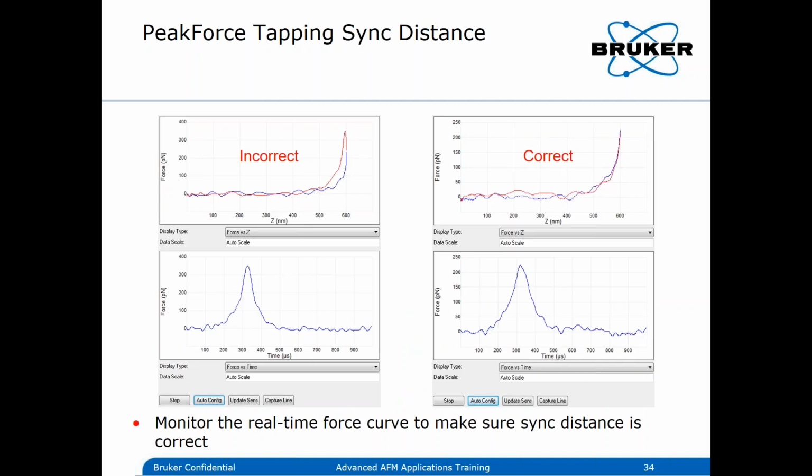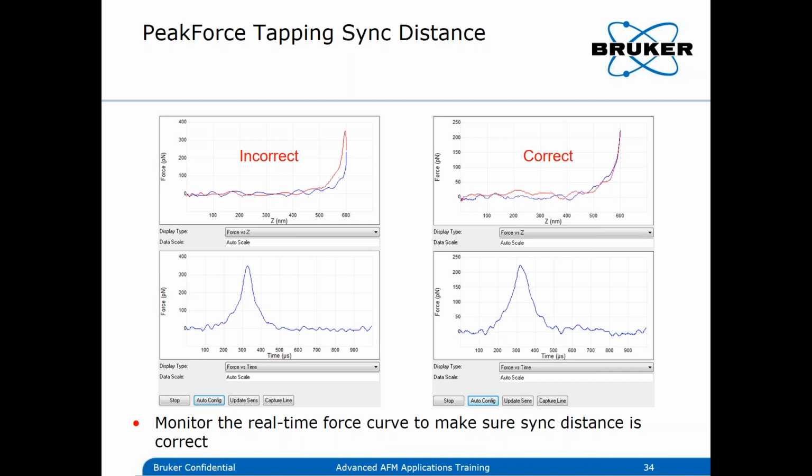Have a look out for the PeakForce Tapping sync distance to know that you're really in a good area where your feedback works well. For instance, on the left-hand side where it says incorrect, your blue curve is the approach curve, more or less, and then you see an overshooting of the red curve, the retract curve, so your feedback wouldn't work here correctly.